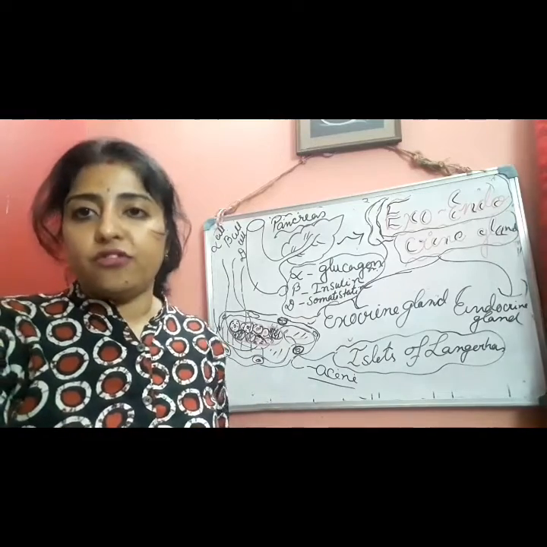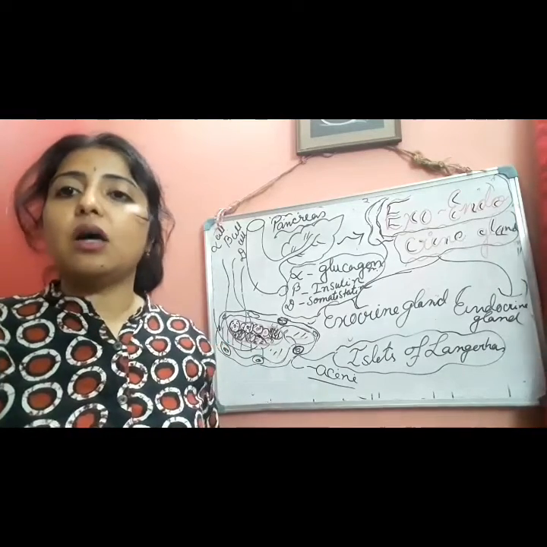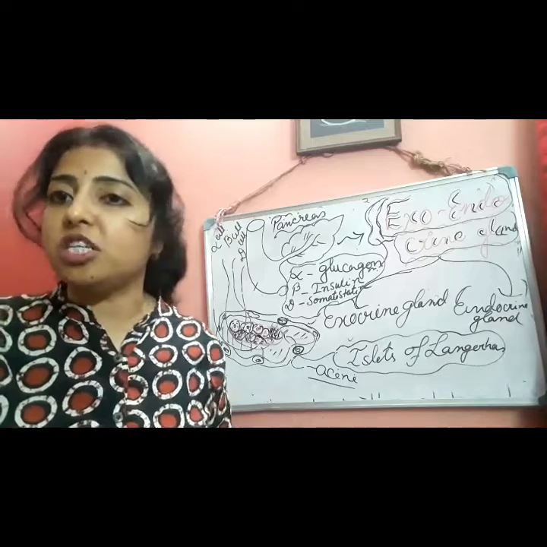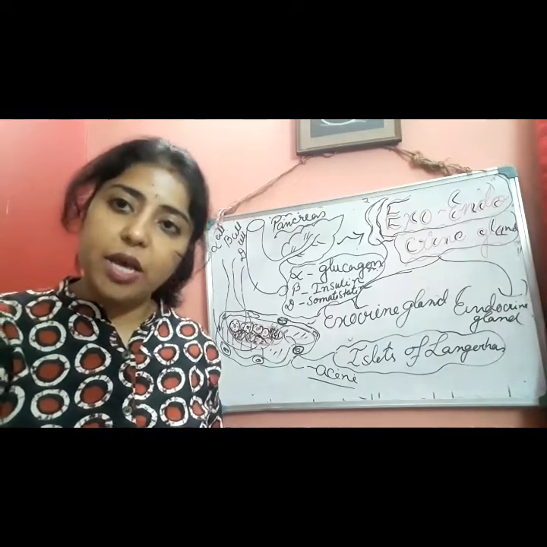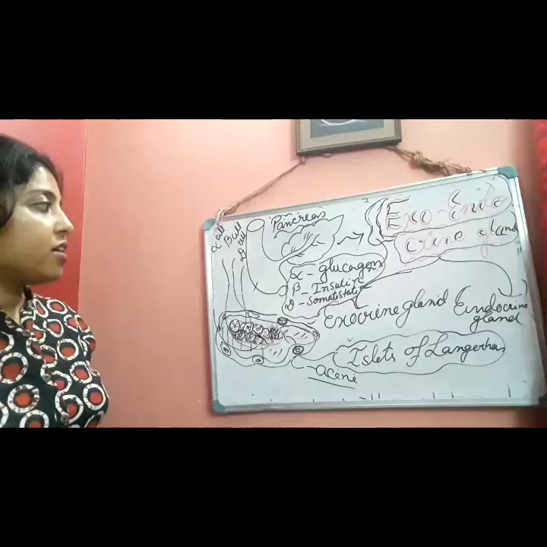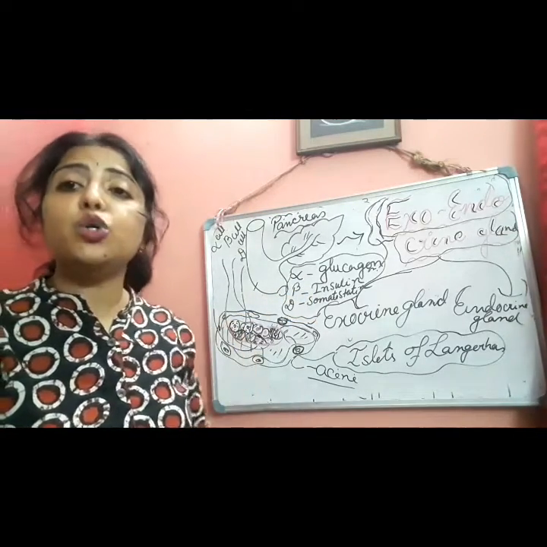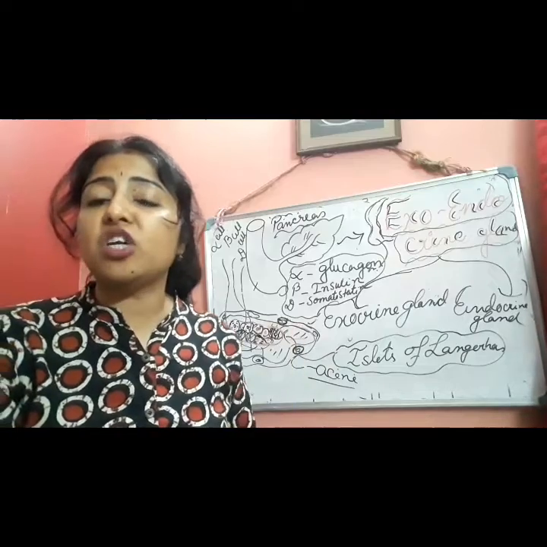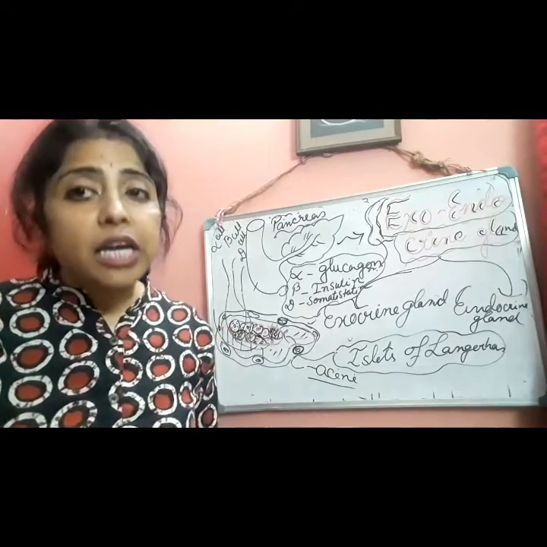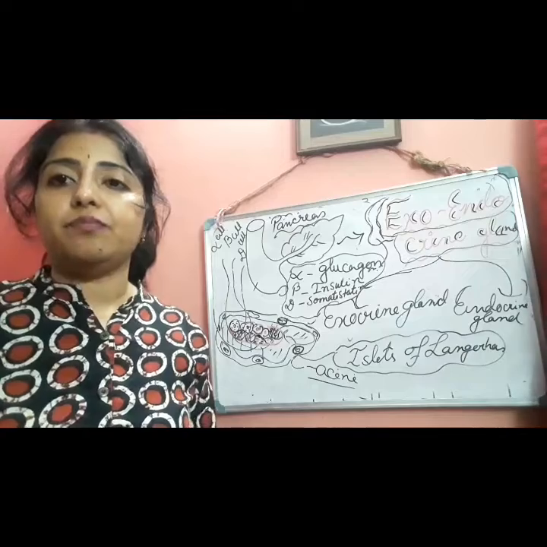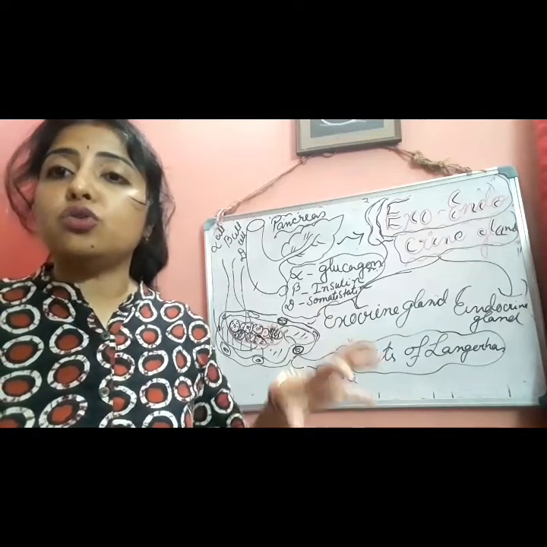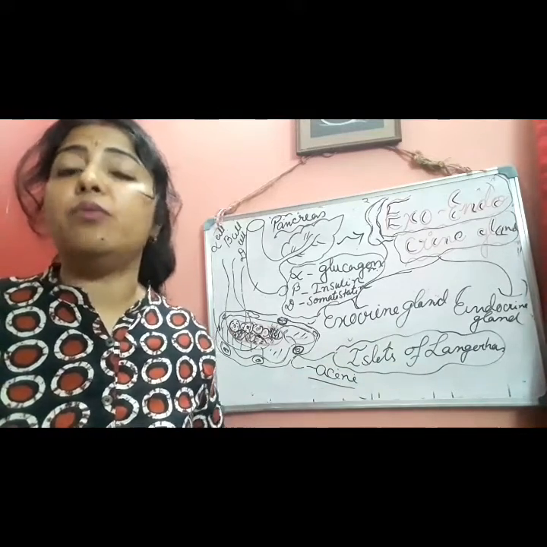Now I have to explain about the hyper or hyposecretion of these hormones. If there is hyposecretion, that means less secretion of insulin, what will happen? Excess glucose will remain in our body.